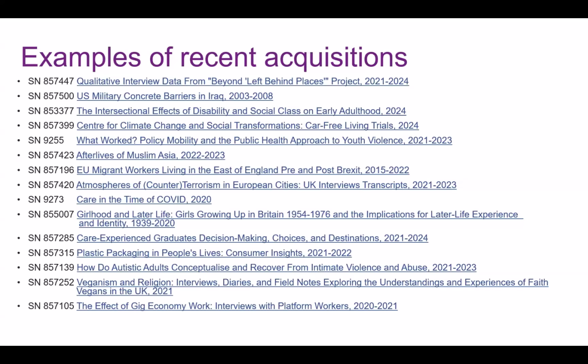There's some collections coming in on climate change as well. We often get collections done with quite vulnerable and hard to reach populations like refugees and children. There's a lot of international collections as well, so research that's been conducted in Africa and Asia, for example.